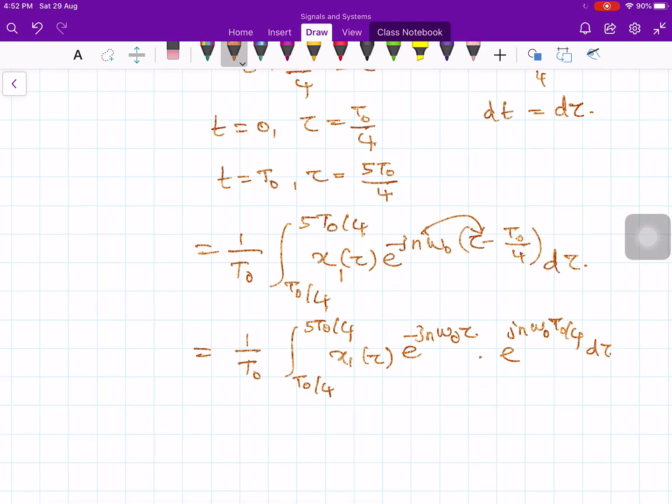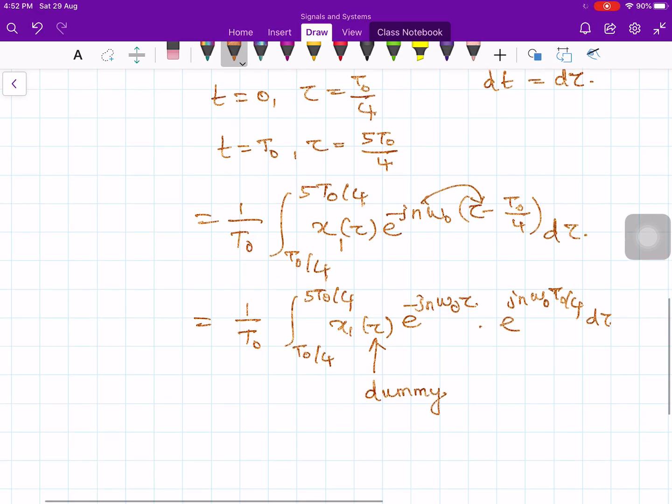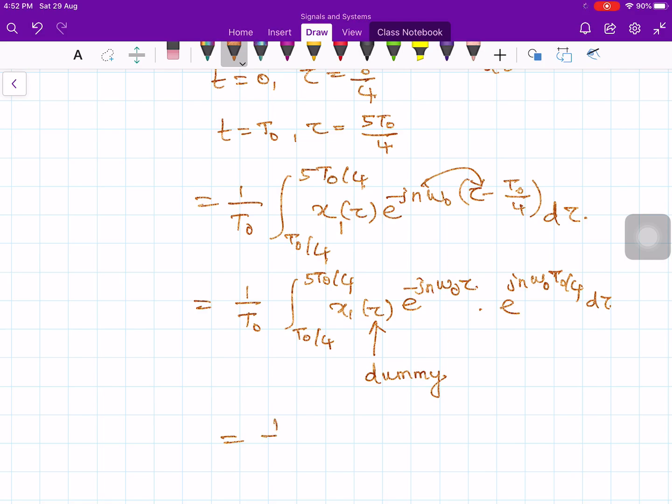Now after all, tau is a dummy variable, so you can replace the dummy variable tau by t. Once again, nothing will change. 1 by t naught integral from t naught over 4 to 5 t naught over 4 of x1 of t e to the minus j n omega naught t, and again this factor is constant.